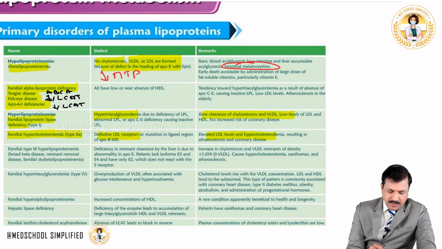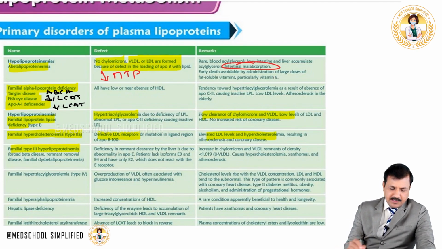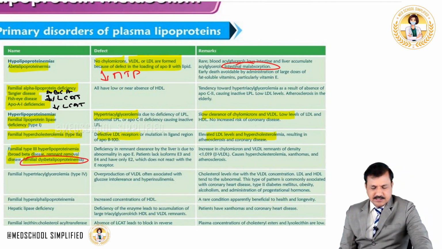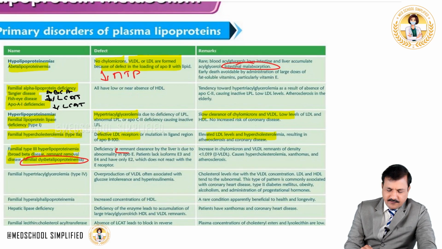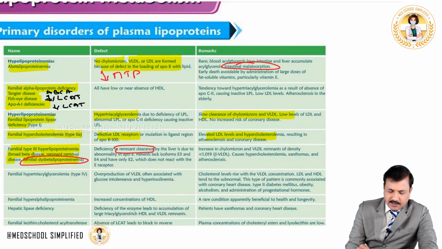Now coming to familial type 3 hyperlipoproteinemia. This is also called broad beta disease or remnant removal disease, also referred to as familial dysbetalipoproteinemia. This is because of slow clearance of lipoprotein remnants, and the lipoprotein remnants are chylomicron remnants and also IDL.